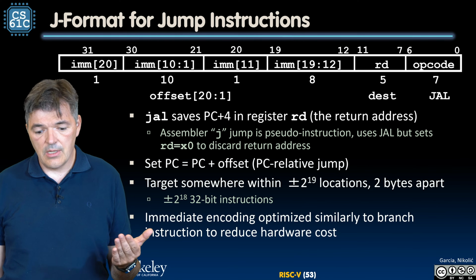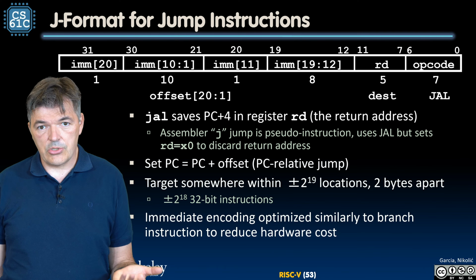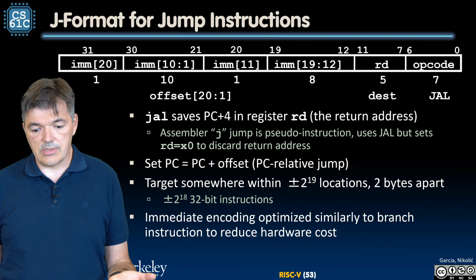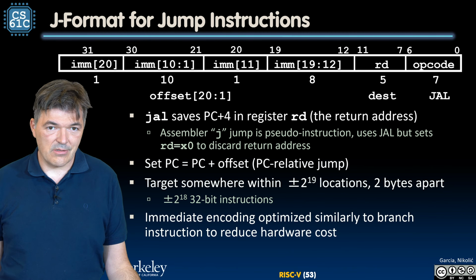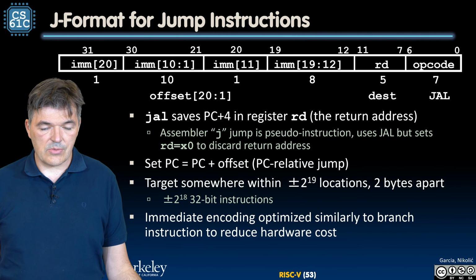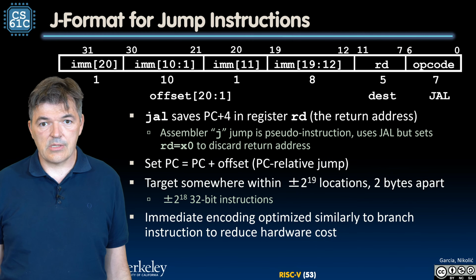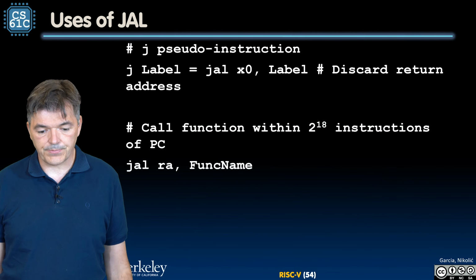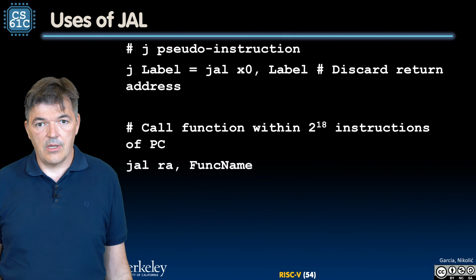We have also seen the commonly used pseudo instruction J, which is a jump where we do not save the return address. So the way not to save the return address is to specify the RD as X0, which would discard the value stored there. Couple of examples of using a Jalr.